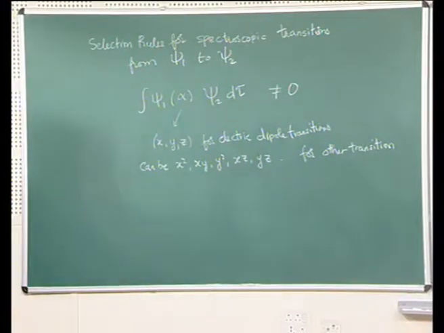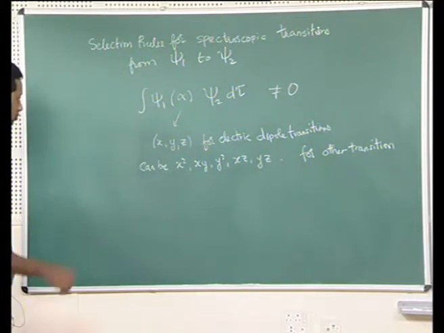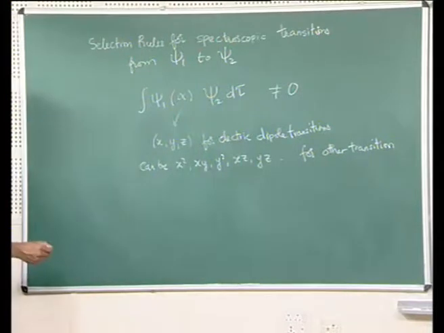Now how do you find out whether this should be equal to or not equal to 0? The simple rules, you can just look at this integral, and you can use what we learnt in the last class about integrals.